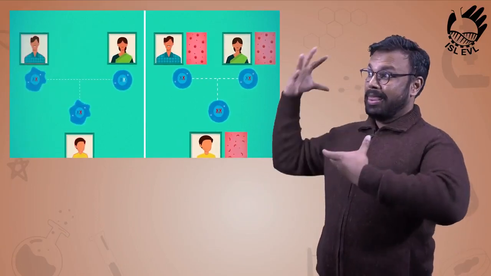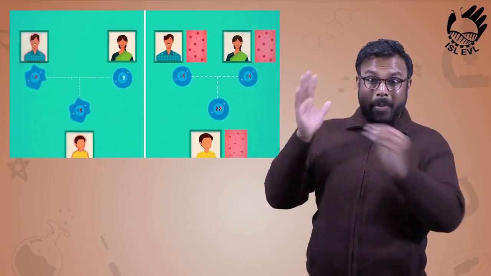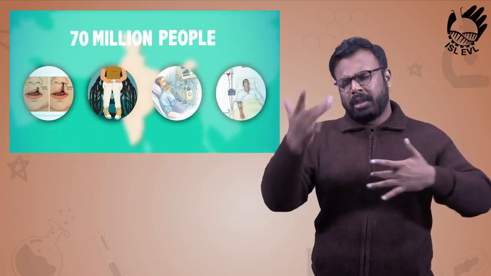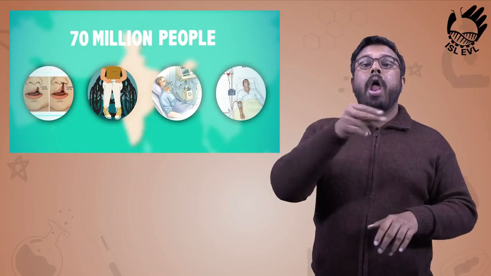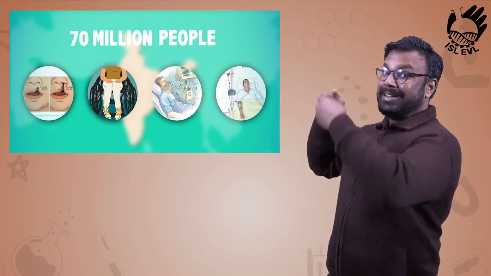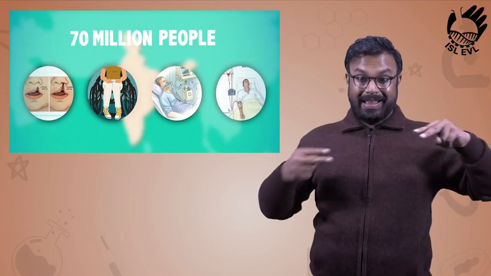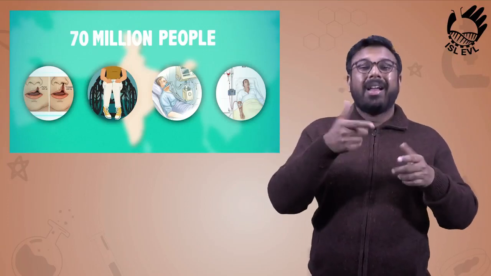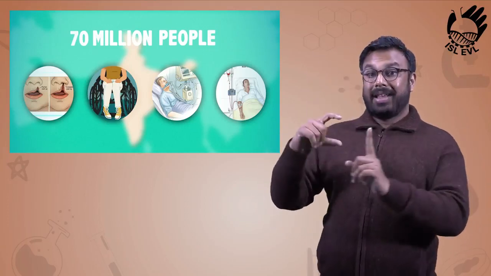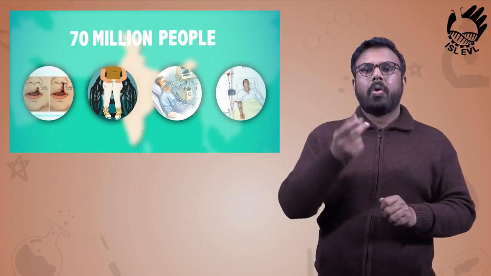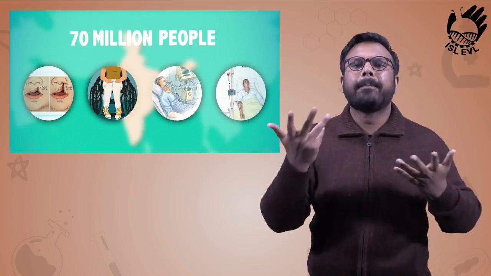The problem arises when two such people have biological children together. Their children can inherit two copies of the mutated gene and suffer from what is known as inheritable genetic diseases. Diseases which are caused due to both dominant and recessive mutations are called genetic diseases.